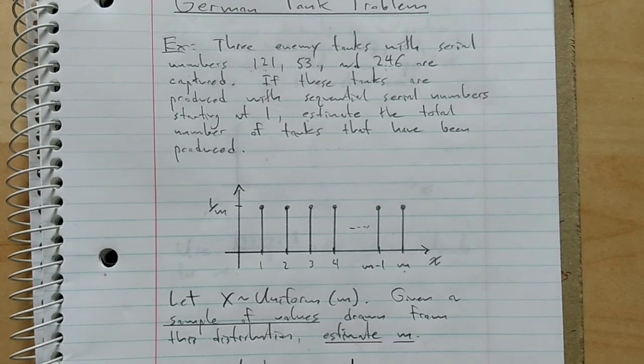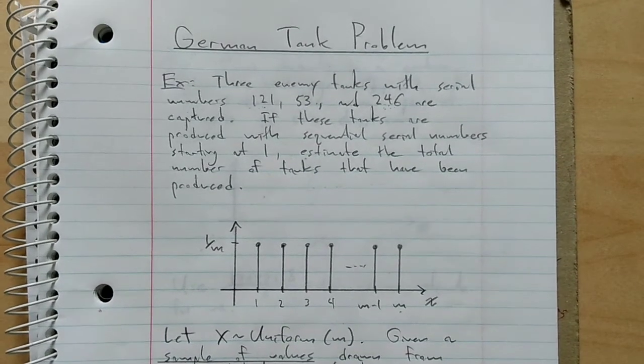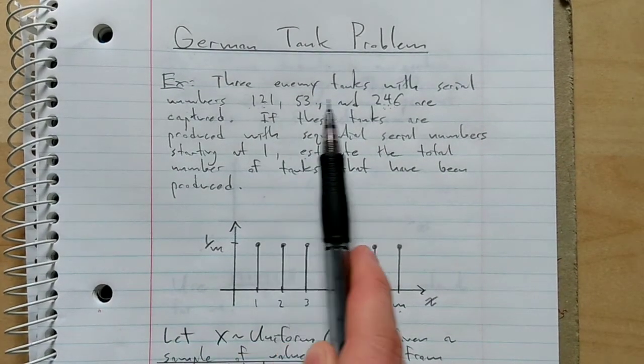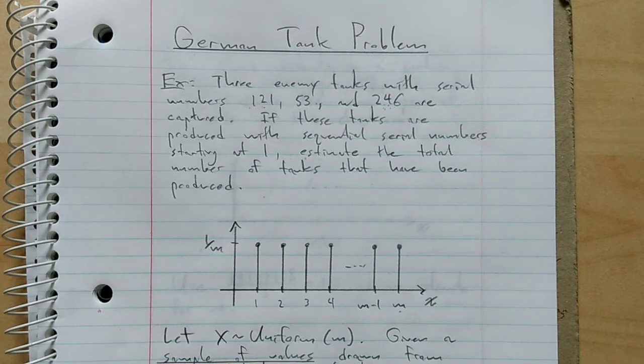And second, when I actually come up with my estimate, what does it mean for my estimate to be a good one? Because you could give me the 3 numbers, 121, 53, 246, and I could say, okay, I estimate that the number of tanks that have been produced is 311. What does it mean for that estimate to be good?